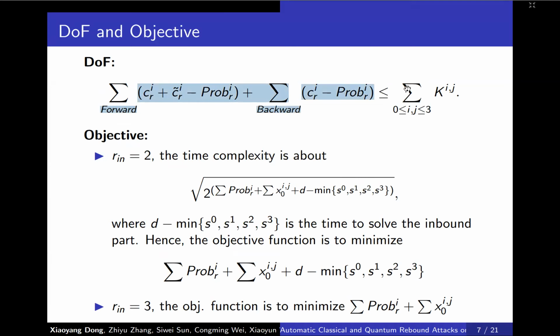It should be smaller than the total degrees of freedom. The objective function has two cases. In the first case, we place a two-round inbound phase in the middle, and the objective is to minimize this one. The second is to place a three-round inbound phase in the middle, and the objective function is to minimize this.